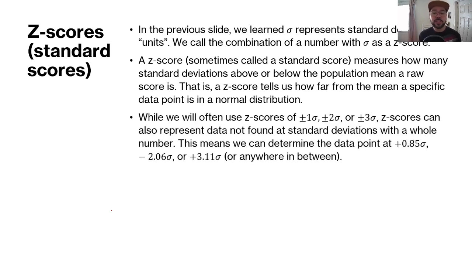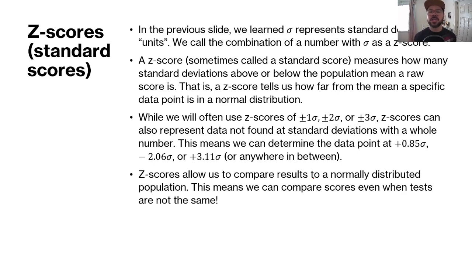So while we often use z-scores of this symbol here, this plus sign with a minus sign underneath, which is read as plus or minus, you're going to see this a couple times throughout this conversation around probability and then samples and populations. So while we'll often use z-scores of plus or minus 1 standard deviation, plus or minus 2 standard deviations, plus or minus 3 standard deviations, z-scores can also represent data not found as standard deviations with a whole number, just what I was describing a moment ago.